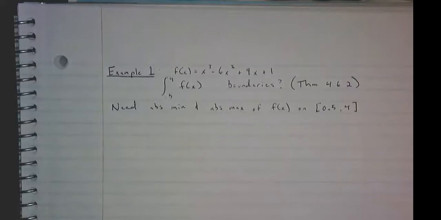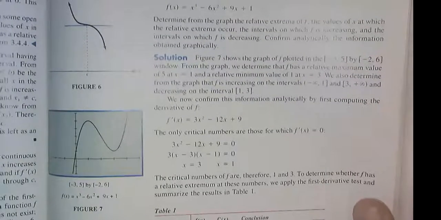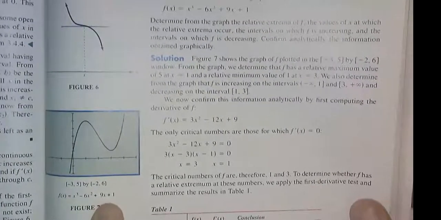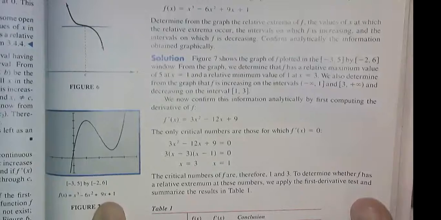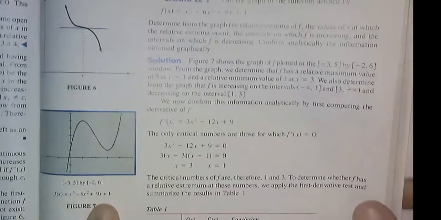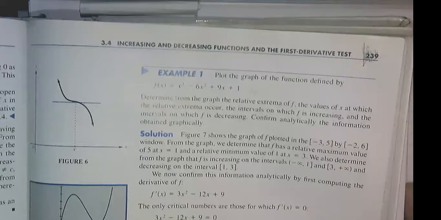But we're bailed out because it says, use the results of example 1 of section 3.4. So let's see. Would you look at that? We've got this nice cubic function, x cubed minus 6x squared plus 9x plus 1. And in example 1, they do a real nice job.